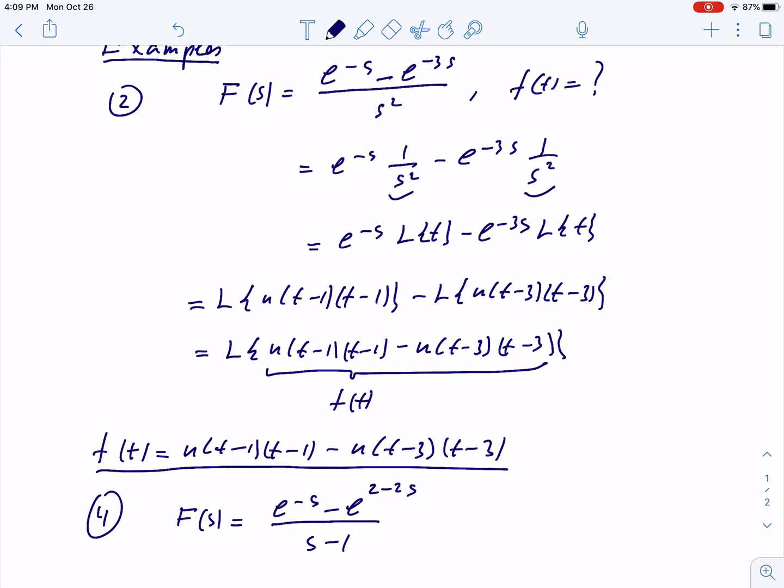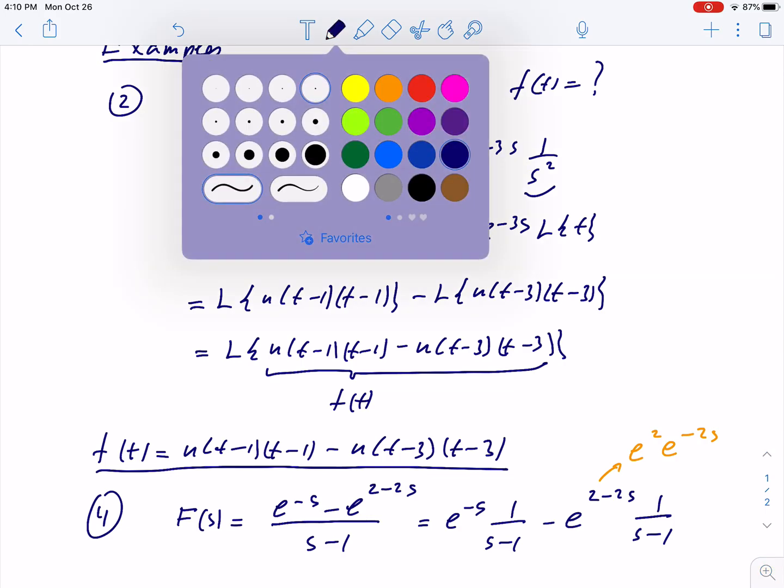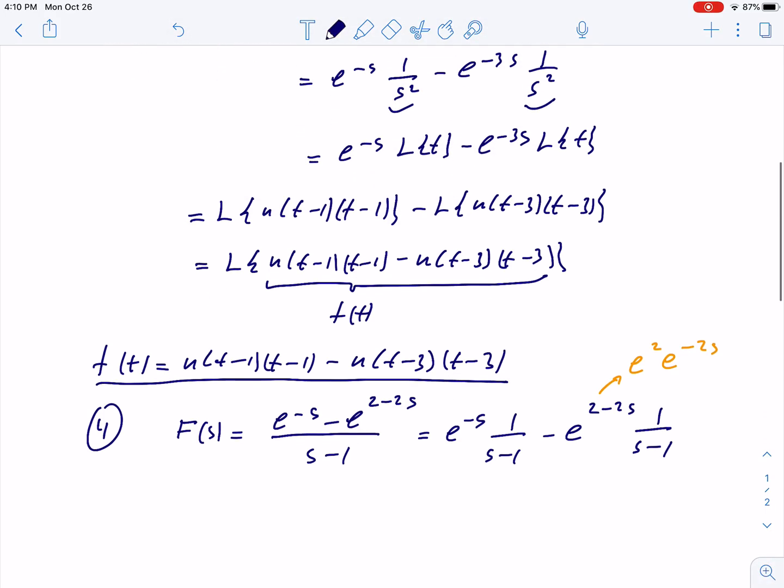Again, I shall break this into two terms, putting exponentials in front. 1 over s minus 1, first term, minus exponential 2 minus 2s, 1 over s minus 1. What to do with this exponential here? I can write exponential squared times exponential negative 2s. So e squared is just a coefficient. I'll just keep it in front.